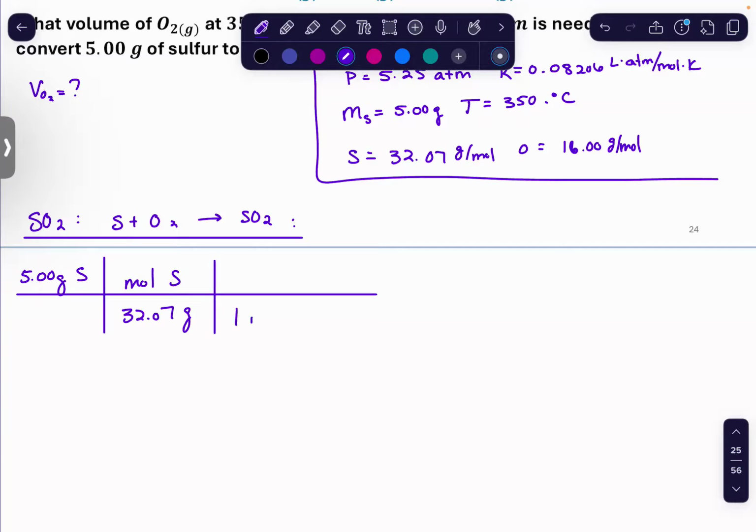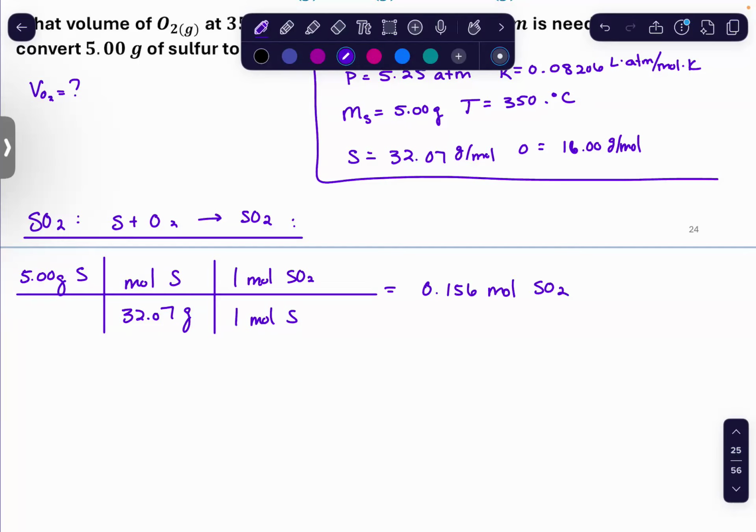And then I get 1 mole of sulfur to 1 mole sulfur dioxide. We get that from the chemical equation. This is going to give us 0.156 moles of SO2.